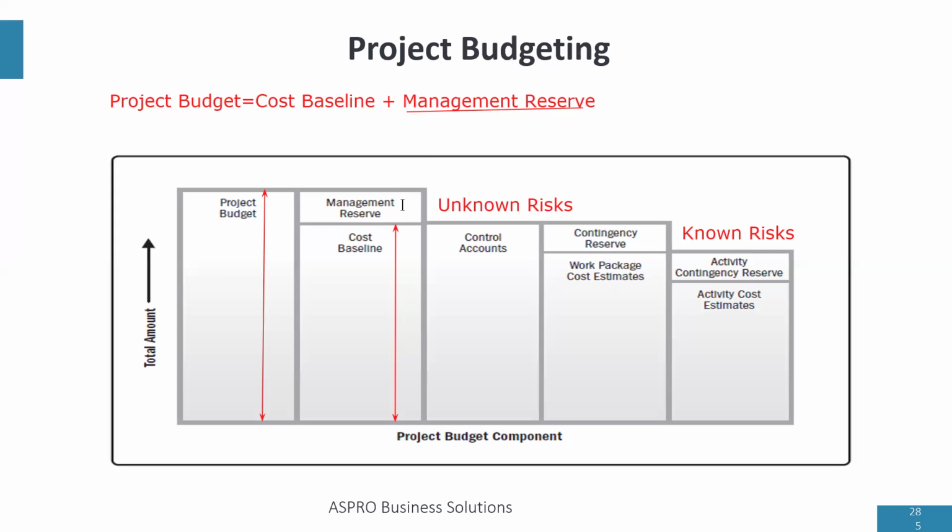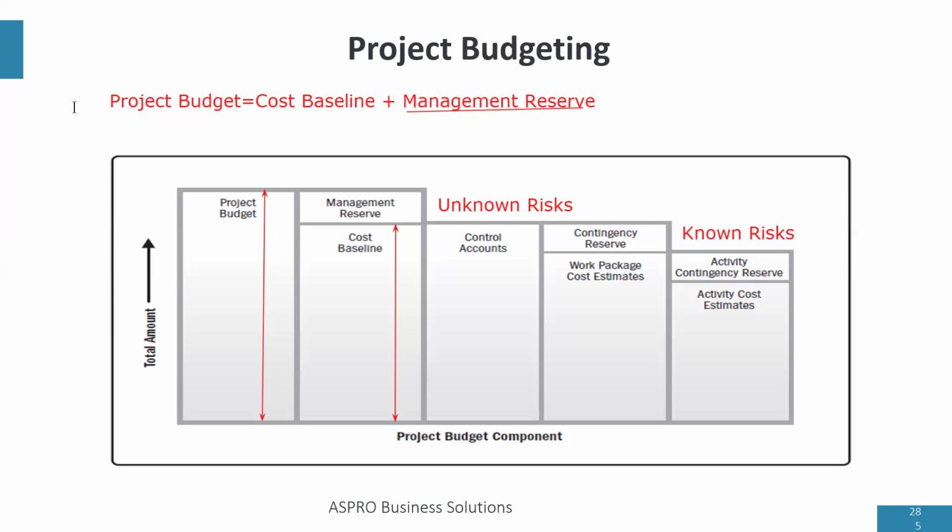That means that if you were managing a project during COVID and didn't have management reserve, that project would have suffered because COVID was an unknown risk. So management reserve is money kept aside for unknown risk. The project manager has money for known risk, but doesn't have money for unknown risk.